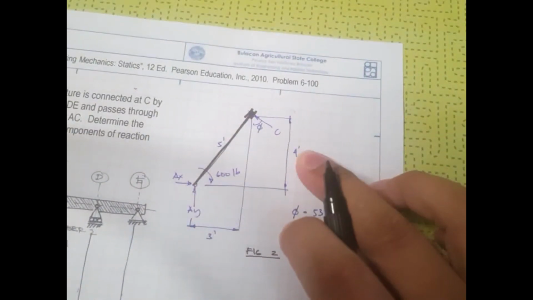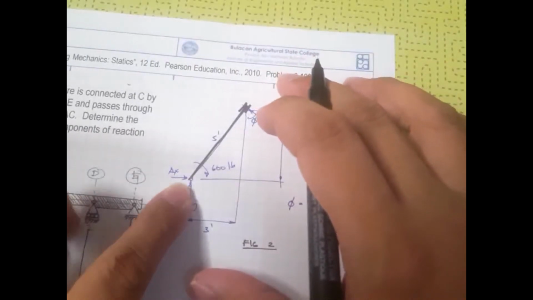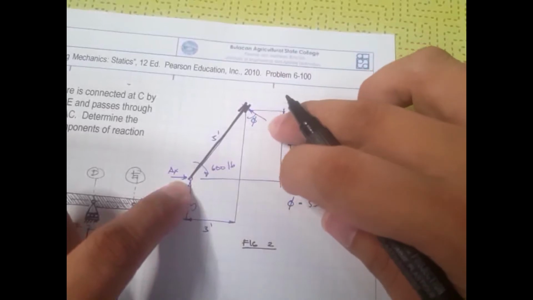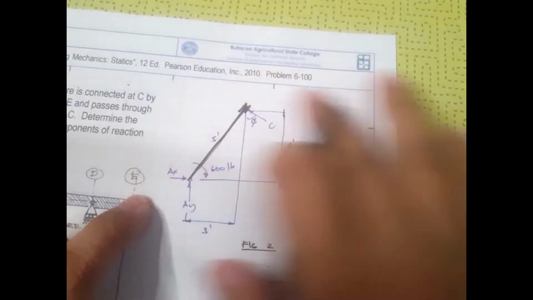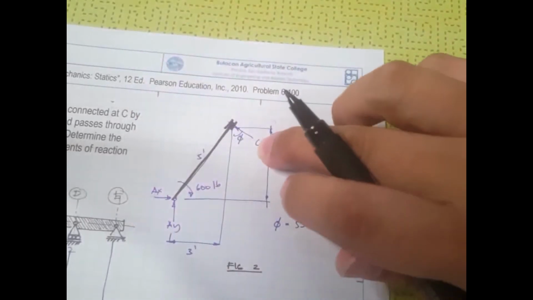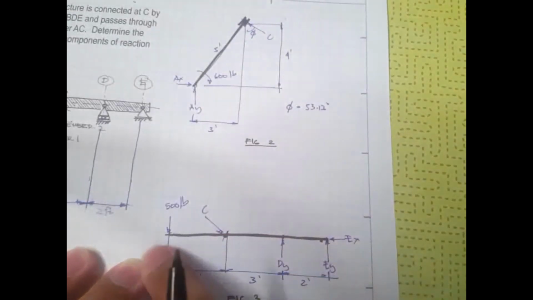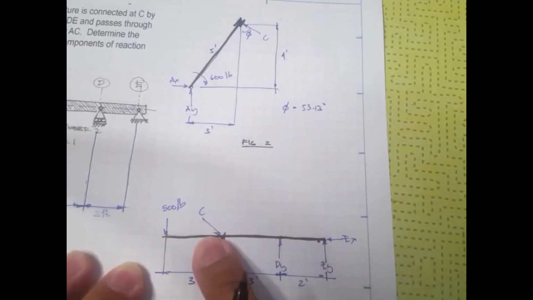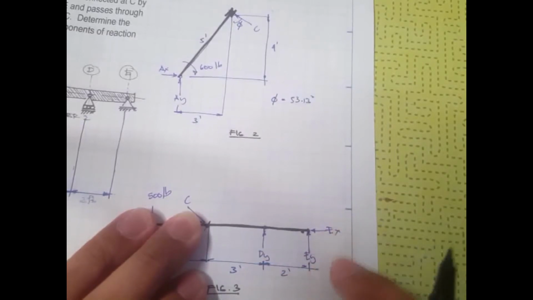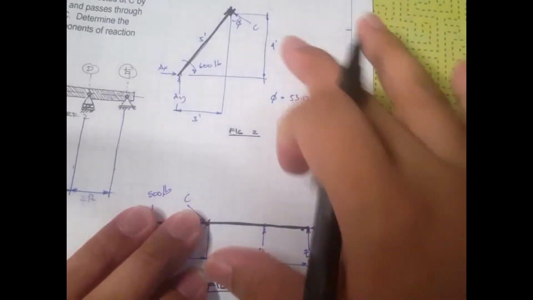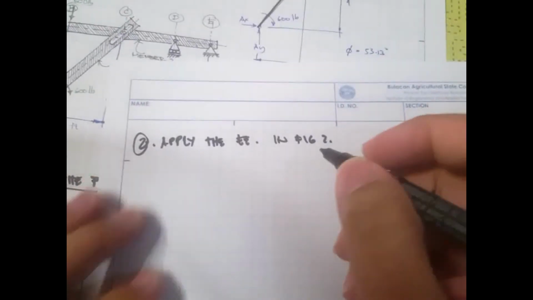But using this figure, if we take summation of moment at A, then we can solve for C, and then summation of forces in the x and y direction to solve for the unknowns. Then we translate the value of C to this figure. If you have the value of C, what's left are 3 unknowns, DY, EY, and EX, so when you apply the equilibrium equations, you can solve for those. So let's start with figure number 2.